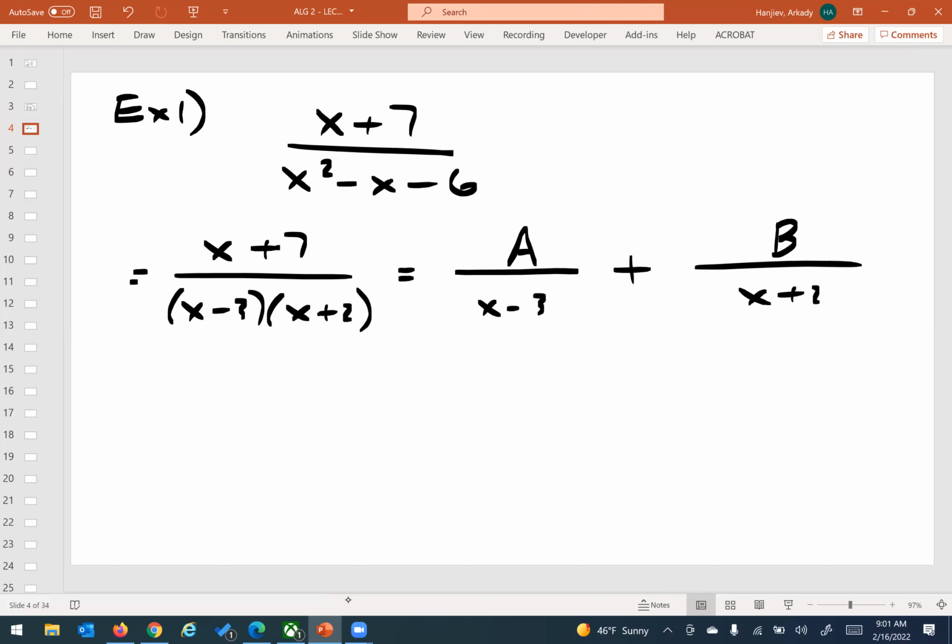So here's what we're gonna do. We're going to get rid of our denominator. By getting rid of it, it actually makes it a little easier to think through here. So let's see if this makes sense. We're gonna multiply both sides.